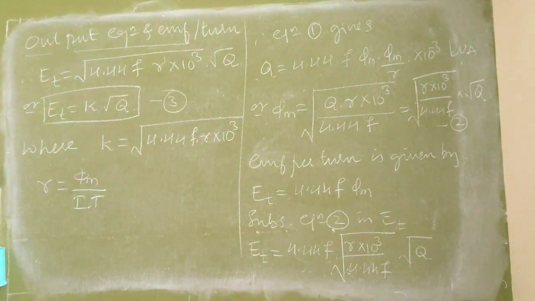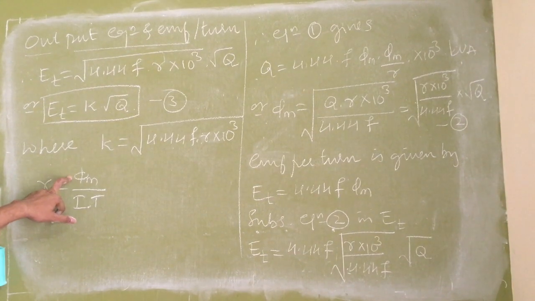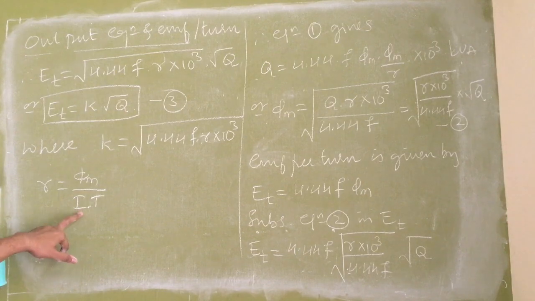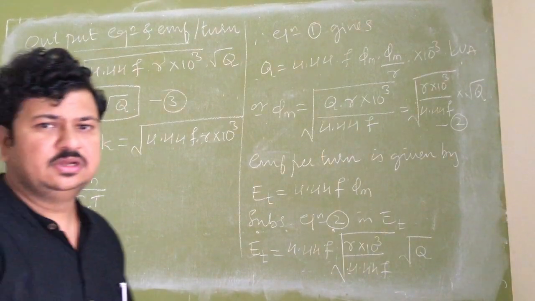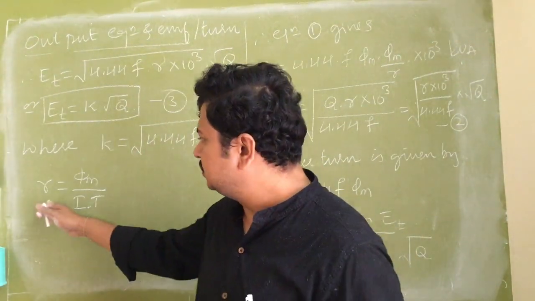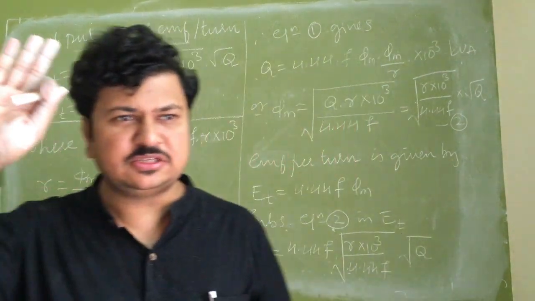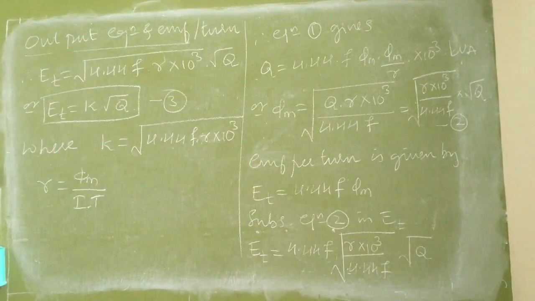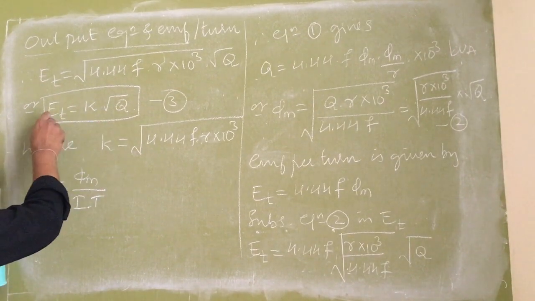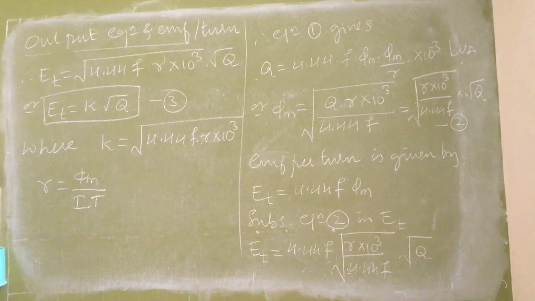Therefore, this ratio will be in microns. We will get 10 to the power minus 5, minus 6, minus 7 like that. So this ratio is very small. So this is the relation between EMF per turn and output equation.